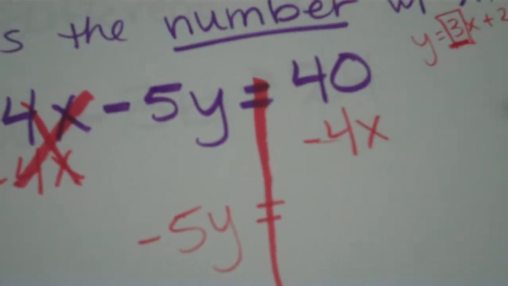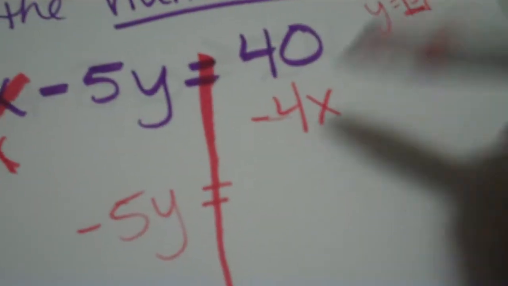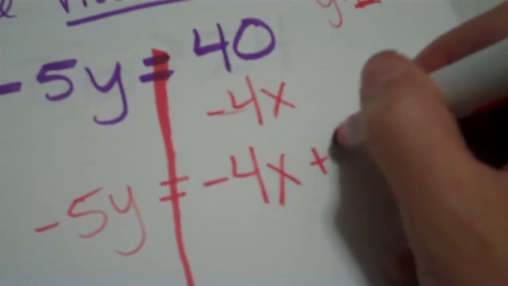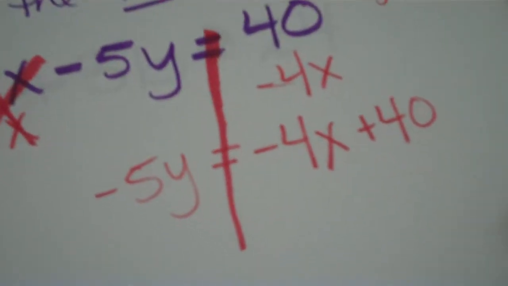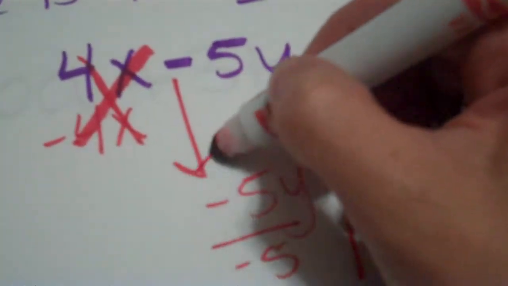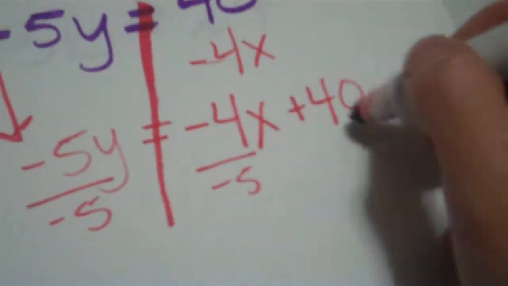I cannot subtract these because they're different, so I have to write them side by side. It does not matter which one you put first, but us math people tend to put our x's first. And then that's positive 40, so plus 40. You could have done 40 minus 4x. That's fine, no worries. And then we divide by negative 5. Make sure that's a negative. This negative comes down. Okay, so we divide everything by negative 5.